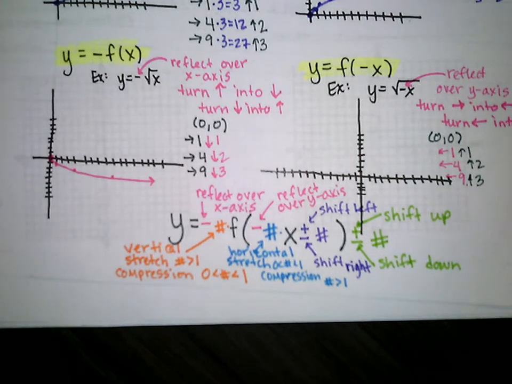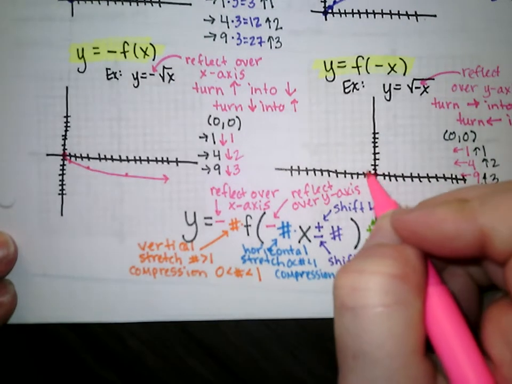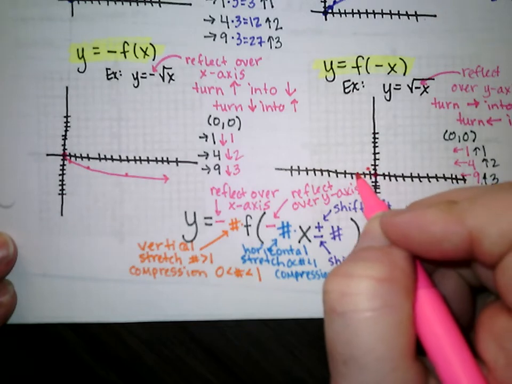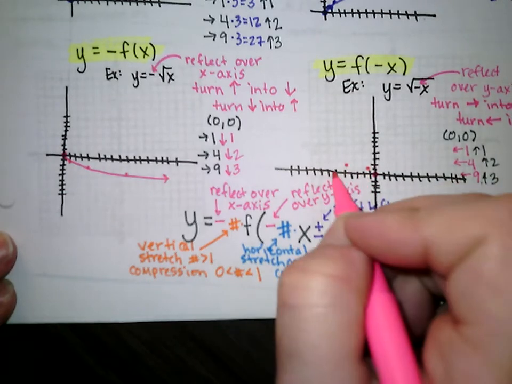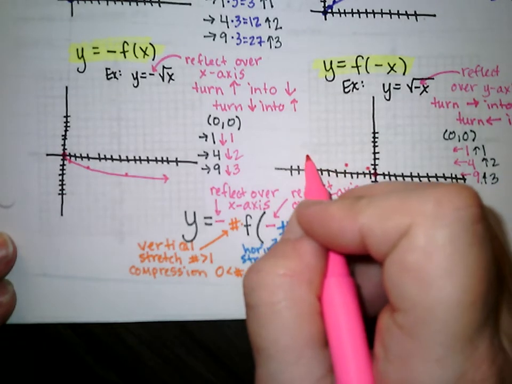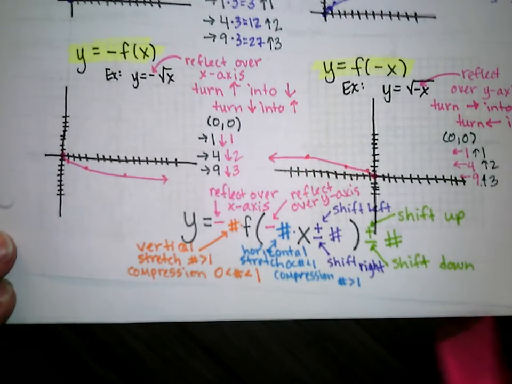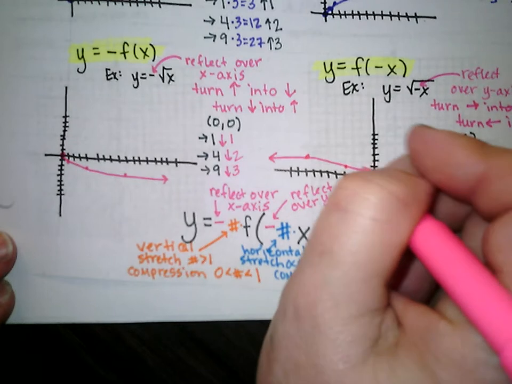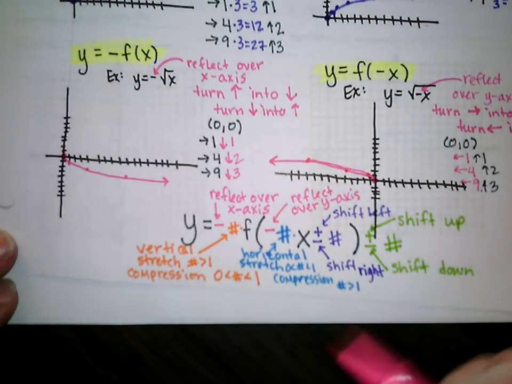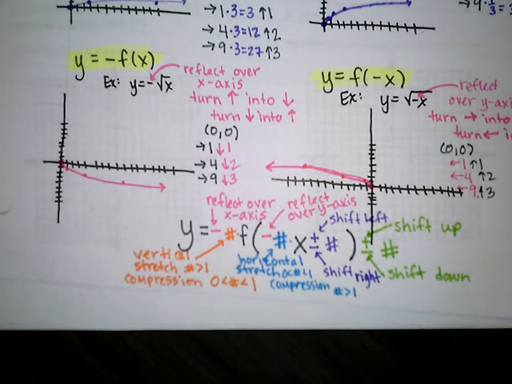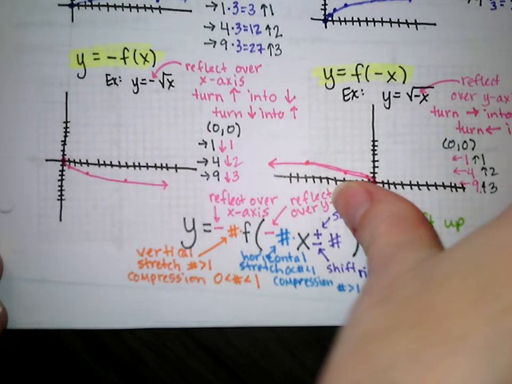So starting at 0, 0, left 1, up 1, left 4, up 2, left 9, up 3. So that just looks like the eyebrow on the other side of the face. Okay. That page took a long time.